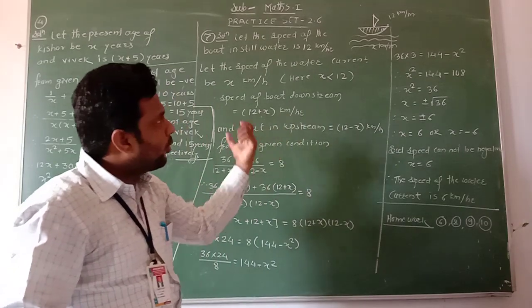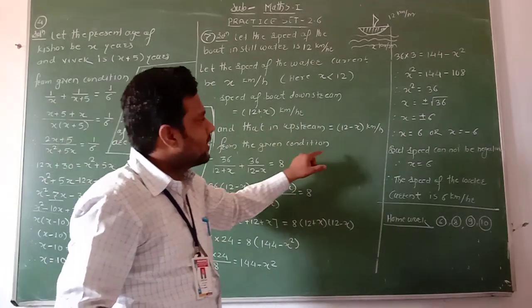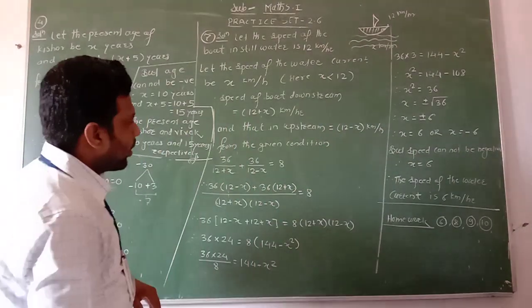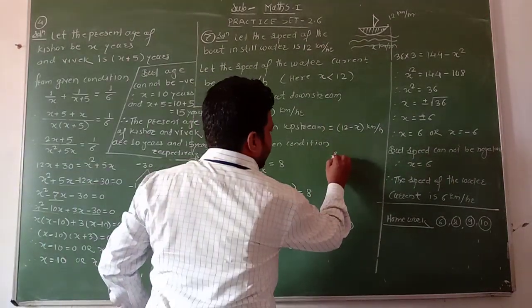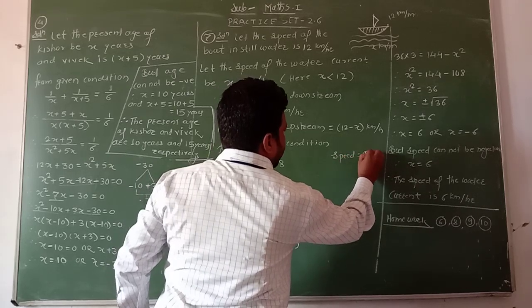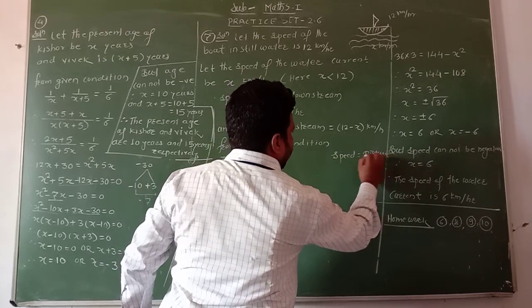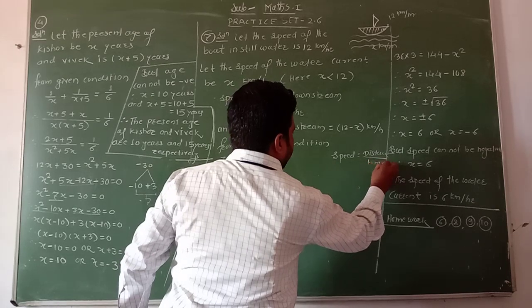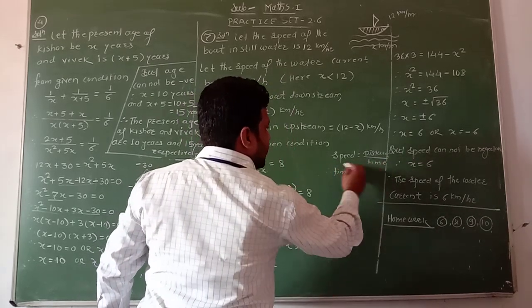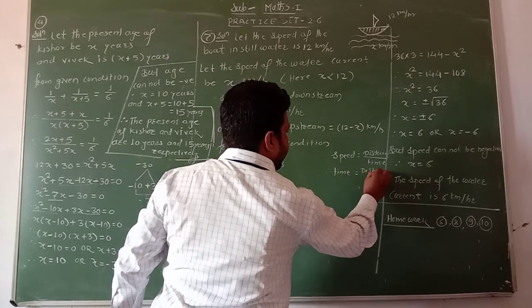Therefore speed of the boat in upstream is 12 minus x kilometer per hour. We know the formula for speed: speed is equal to distance upon time. Therefore, time is equal to distance upon speed.